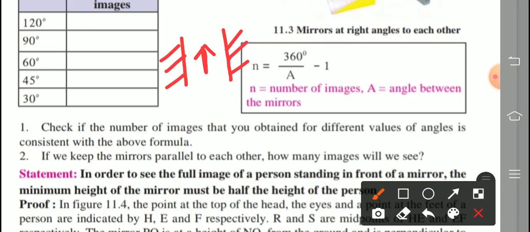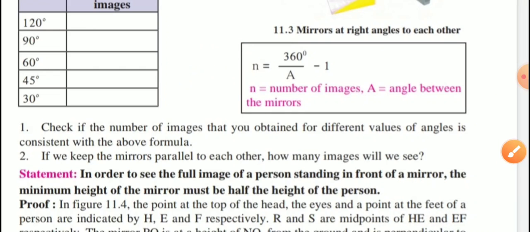This arrow means one object. You put a candle or any standing object and observe how many images form between these two plane mirrors. Our answer is infinite, uncountable images are formed. Perform this activity at home to confirm.